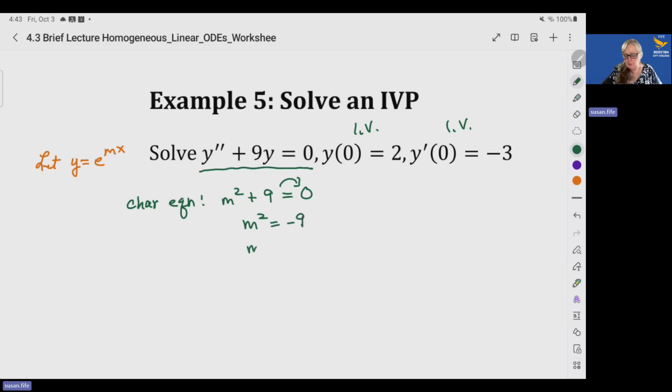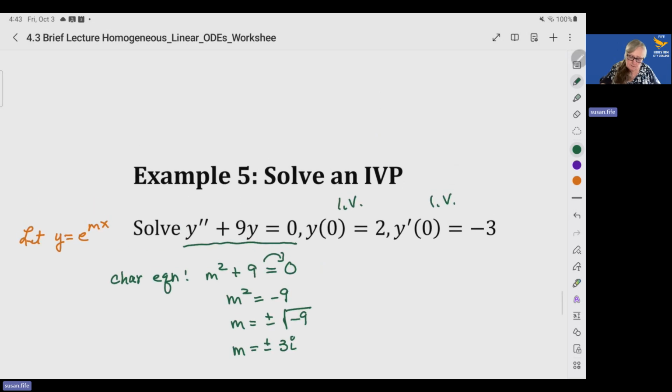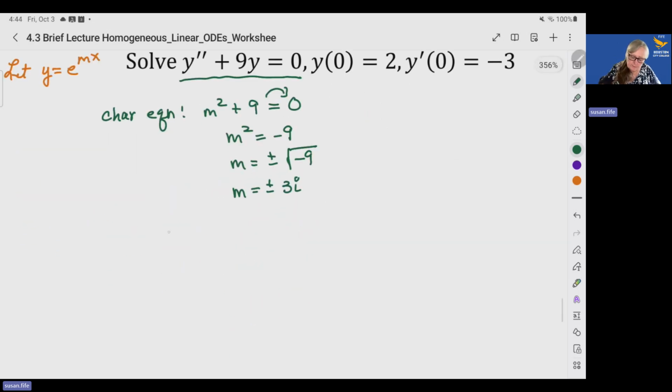Apply the square root property to get m equals plus or minus the square root of negative 9, which is plus or minus 3i. So because the real part is 0, our complex solutions are going to just contain sine and cosine. So I have y sub 1 is sine 3x.